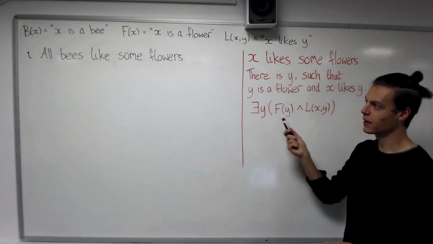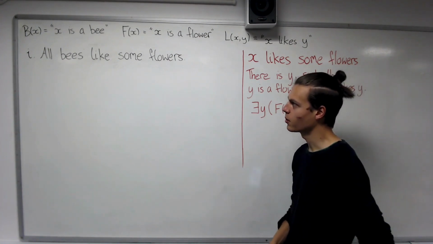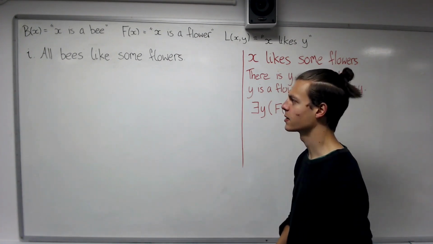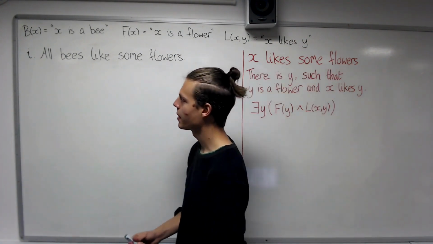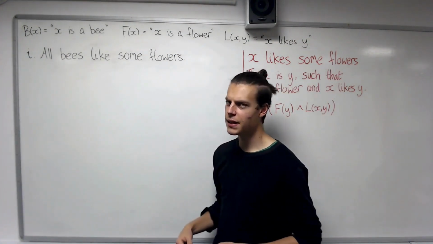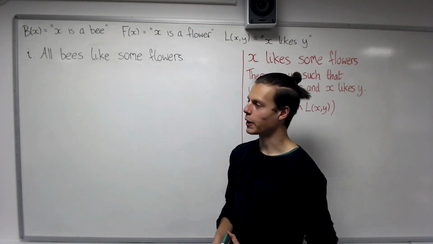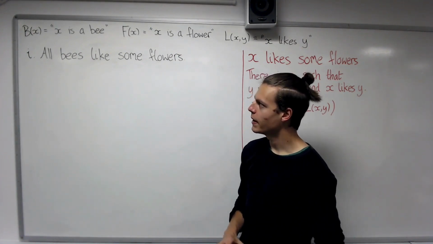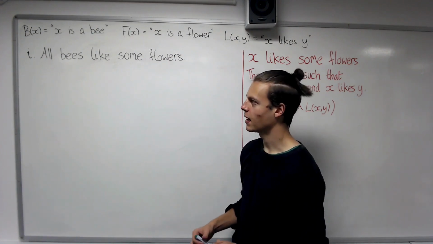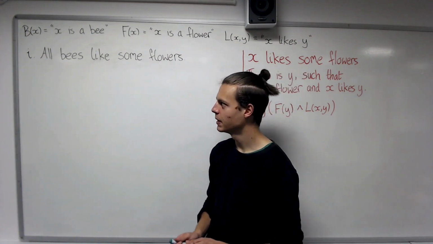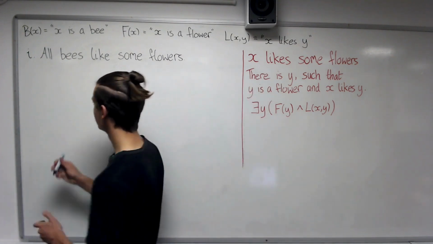Okay, now let's take a look at the original statement. All bees like some flowers. Well, how can we rewrite this? Well, we can say that for all things x, if x is a bee, then x likes some flowers. Okay, let's write that.